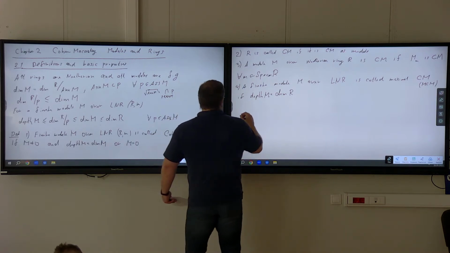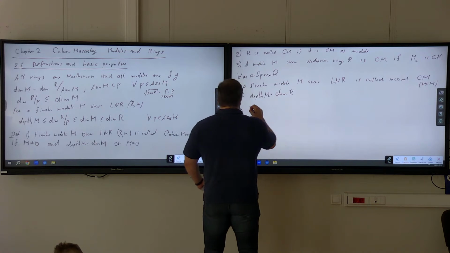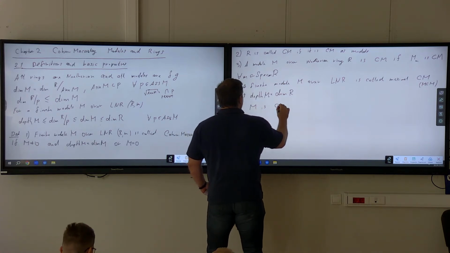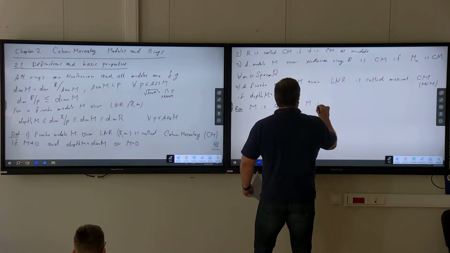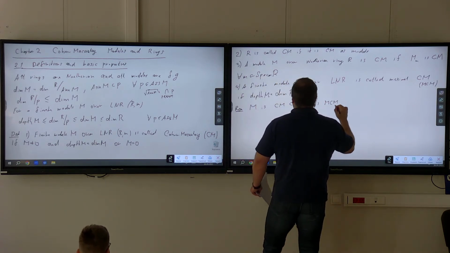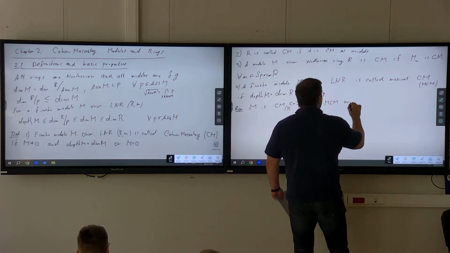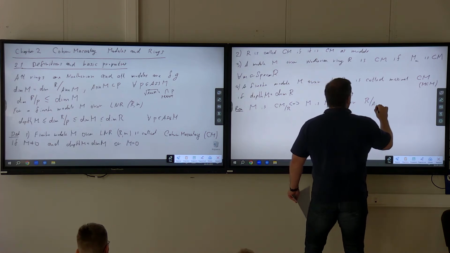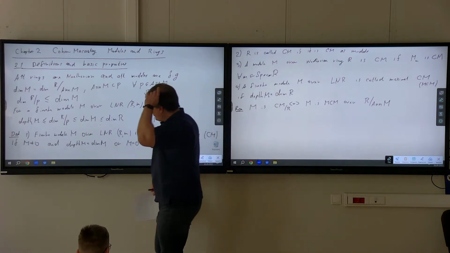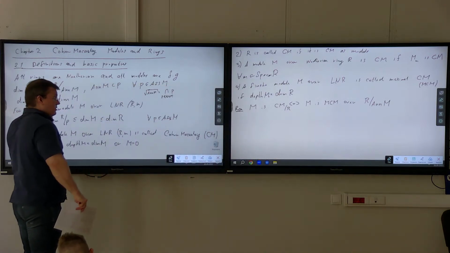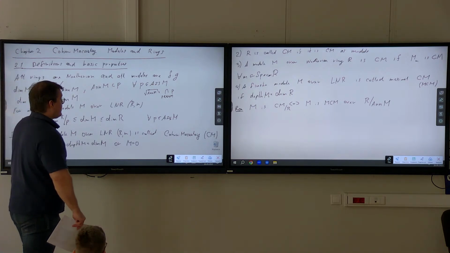Okay. An elementary remark, immediately from the definition: M is Cohen-Macaulay if and only if M is maximal Cohen-Macaulay over the ring R modulo the annihilator of M. So any Cohen-Macaulay module is actually maximal Cohen-Macaulay if you restrict the support from the ring to the ring modulo the annihilator.